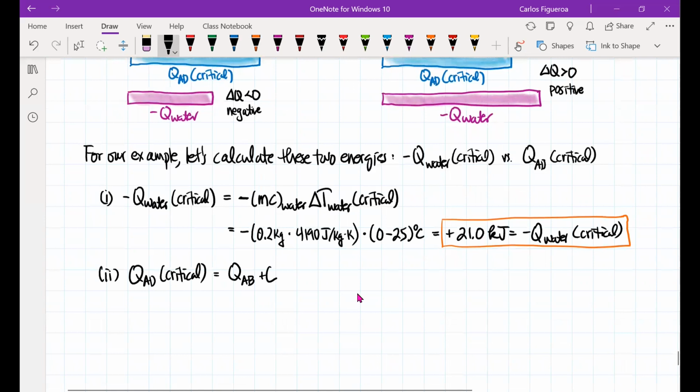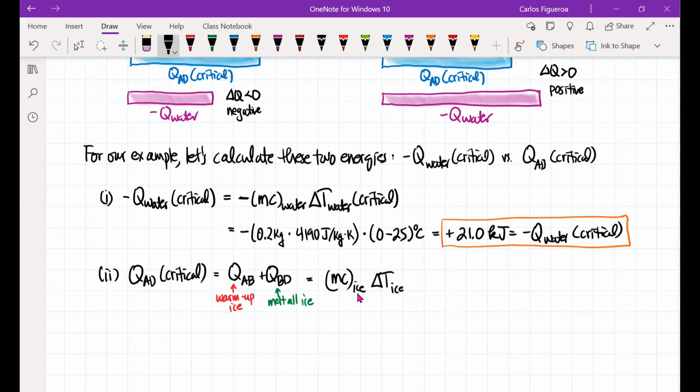So then this will be QBD. Remember, this is to warm up ice, and this guy is to melt all ice. So I need the thermal mass of the ice times the change in temperature of the ice, plus the latent heat of all of the ice.